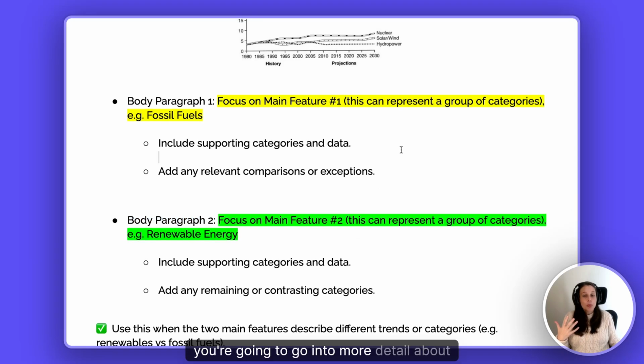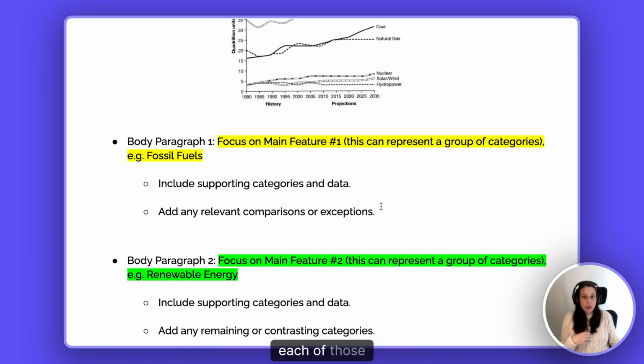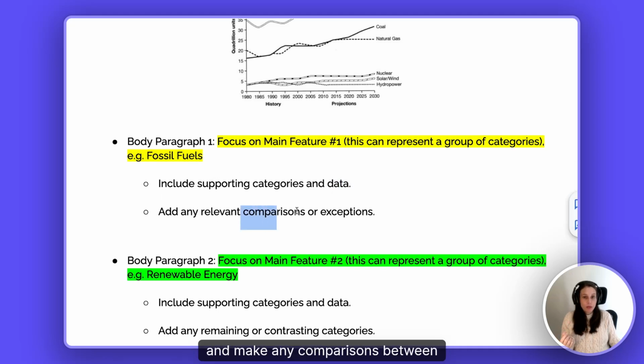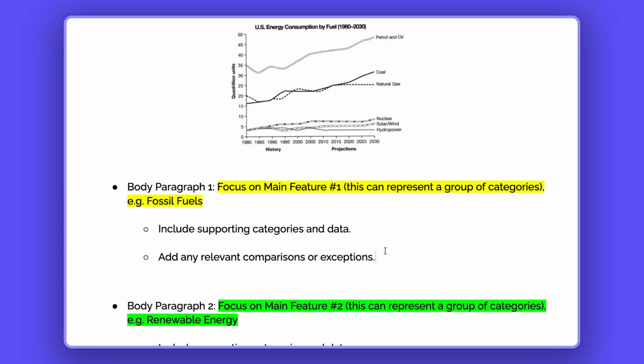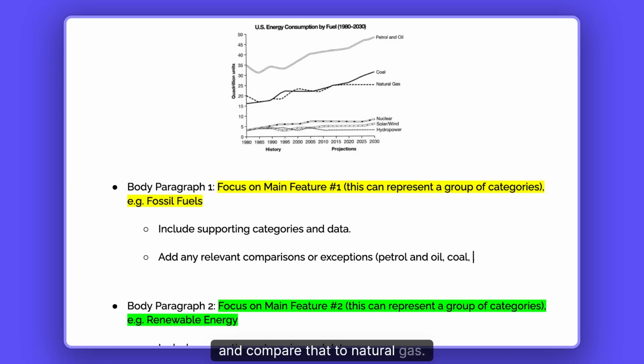Obviously, you're going to go into more detail about each of those trends. So you're going to give the actual data and make any comparisons between those categories. So, for example, here you could compare petrol and oil to coal and compare that to natural gas.